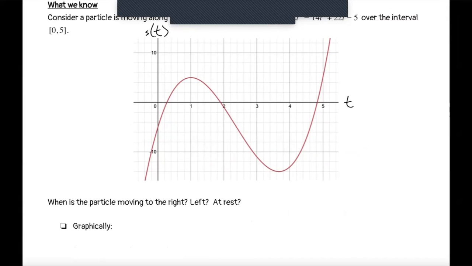Okay, so I'm wondering if we can answer this question: when is the particle moving to the right, moving to the left, and at rest based on the graph? And the key thing that I want to point out here is I'm asking us, when is it moving to the right, moving to the left, and at rest? Okay.